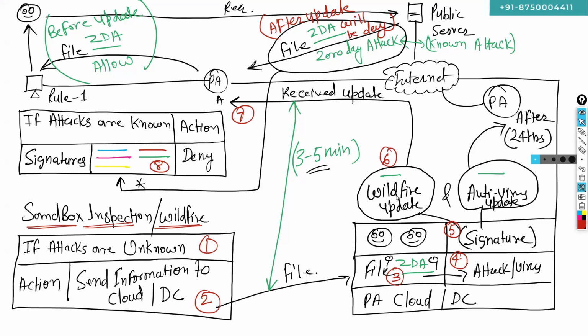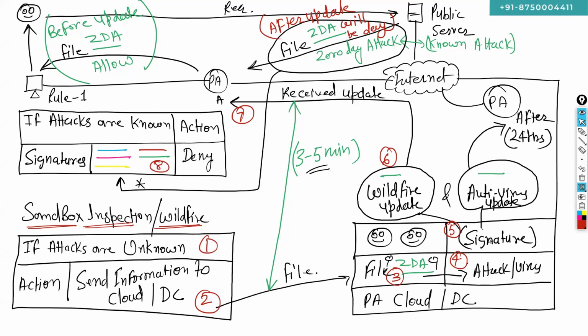Sir, you have said that two updates are sent to the Palo Alto if signatures are detected, a WildFire update and an antivirus update. What is the difference between these two updates? I have already told you. When any virus or attack is detected, their cloud or data center will generate signatures.